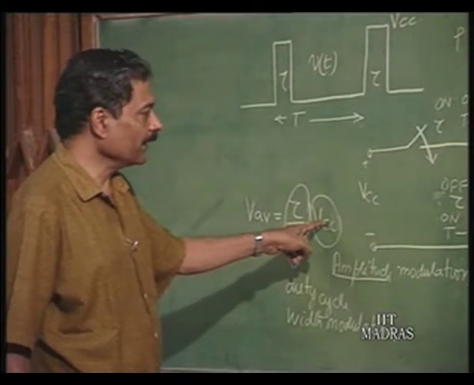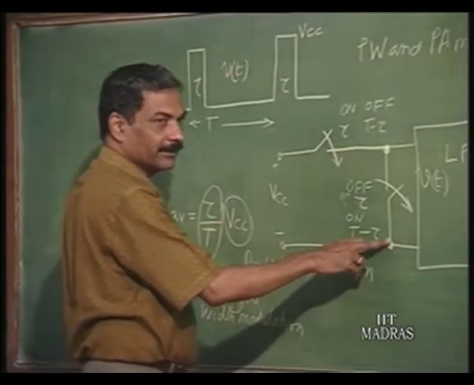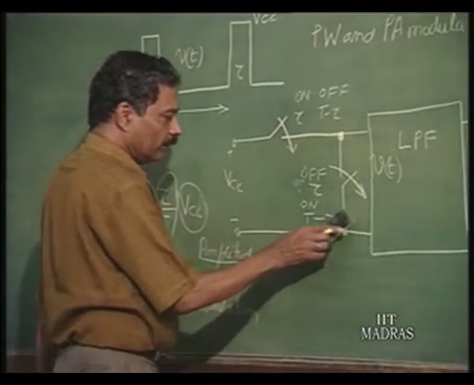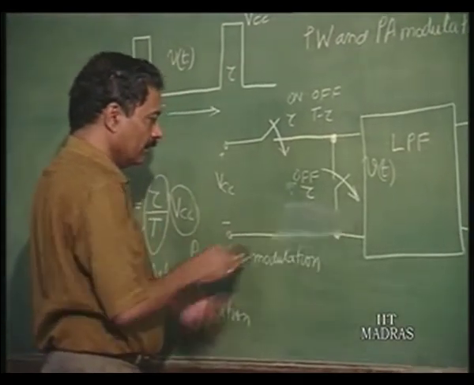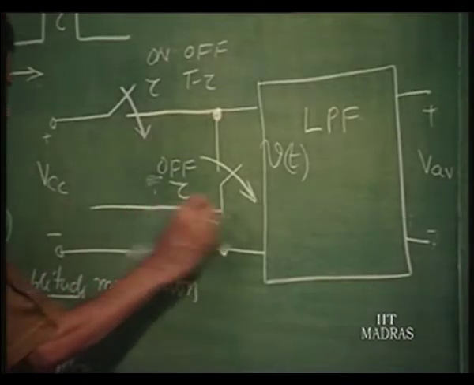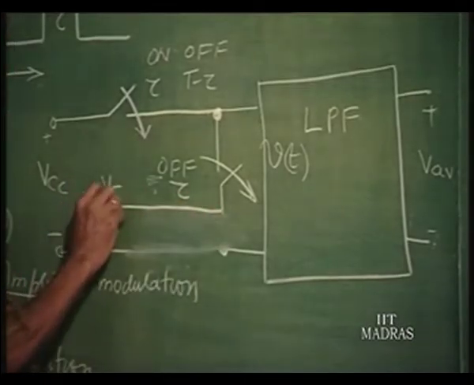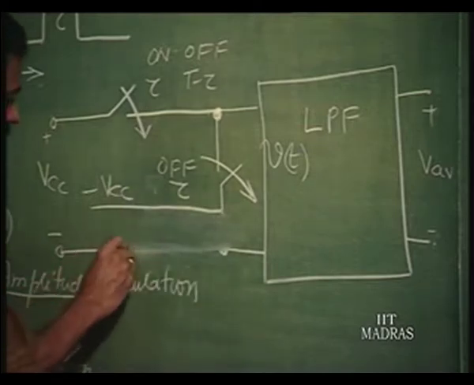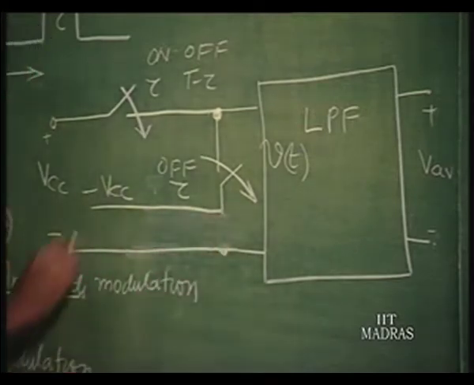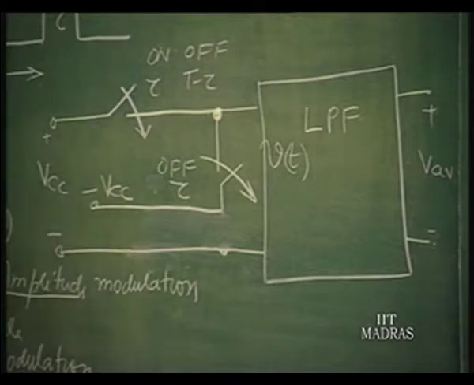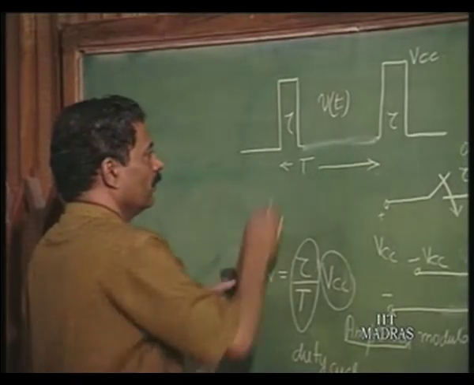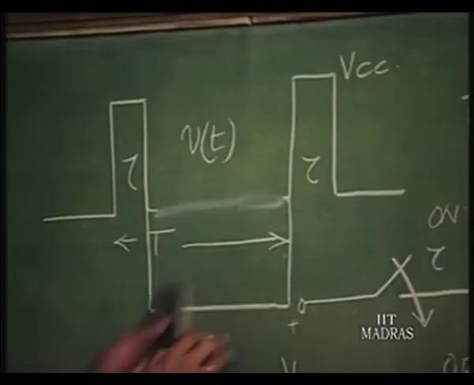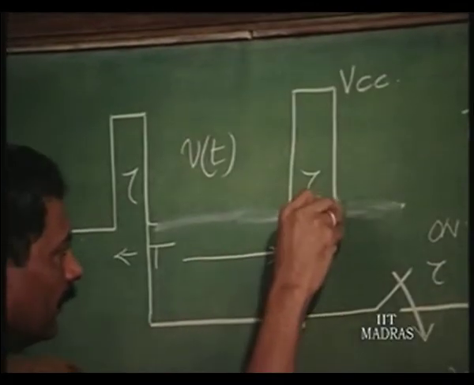This can be simply done by, instead of connecting this to ground, this switch will connect it to minus Vcc, instead of it being connected to ground. So, that means this voltage will go to minus Vcc instead of being at ground.